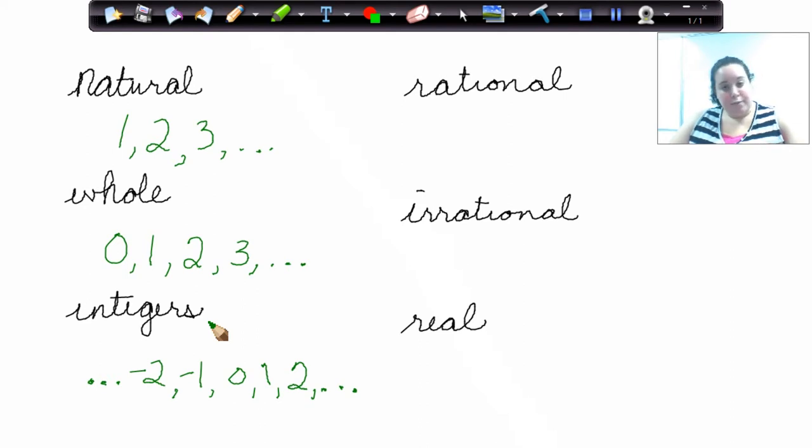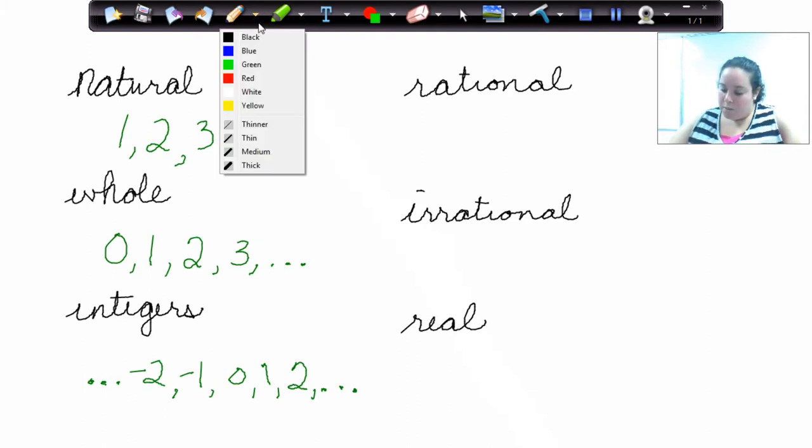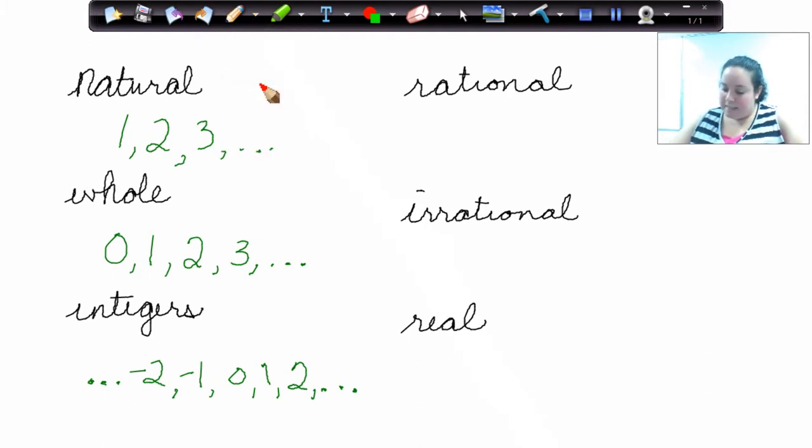Before we get too much further, this is just a side note. You don't necessarily have to know these symbols. But mathematicians like to shorthand things. You've heard people say that mathematicians are lazy, and sometimes it's kind of true. So instead of writing out the natural numbers, we use symbols, and the symbol for the natural numbers is a blackboard bold N. A blackboard bold N is just an N with an extra line in front.